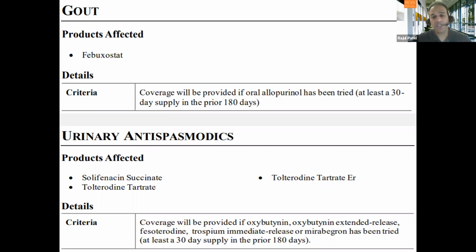The coverage will only be provided if certain drugs, again, have been tried at least a 30-day supply in the prior 180 days. Again, if you don't satisfy these step therapy requirements, for all intents and purposes, you're going to have a difficult time getting access to the medications, and the prescriber is going to ask for a formulary exception and go through that whole process, and it can become quite cumbersome.